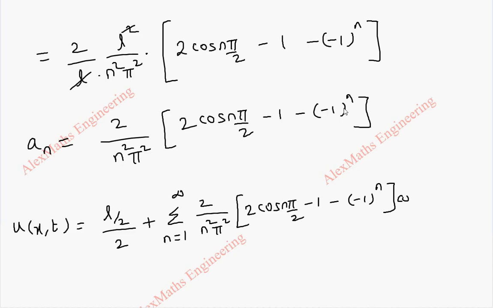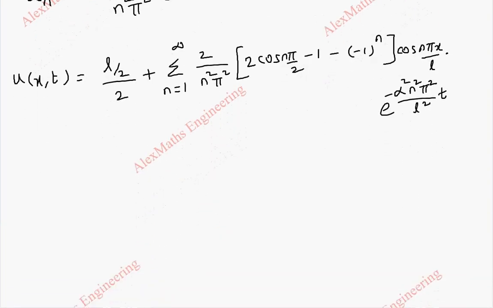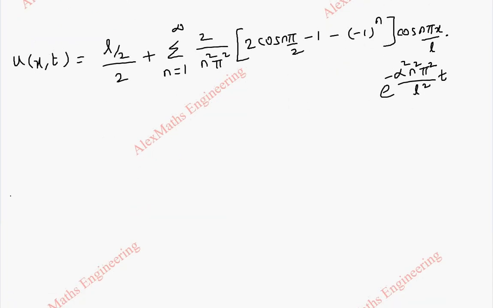Then we had cos n pi x by L into e power minus alpha square n square pi square by L square into t. And the constants can be taken outside the summation. So finally our solution is u of x comma t is, first term is L by 4. L by 2 by 2 is L by 4. And we can take 2 by pi square outside.